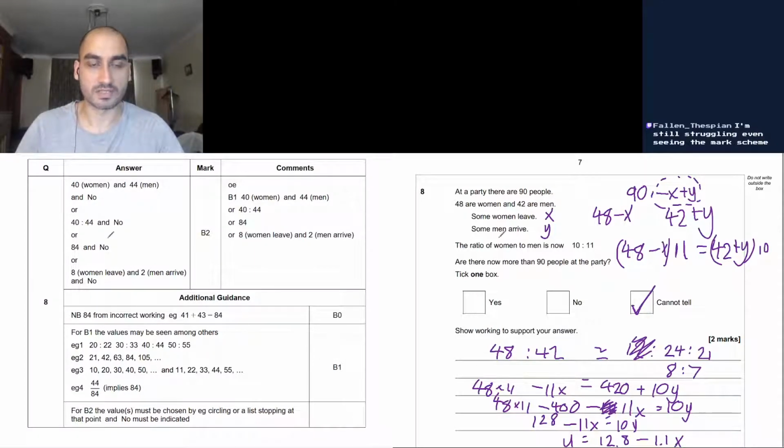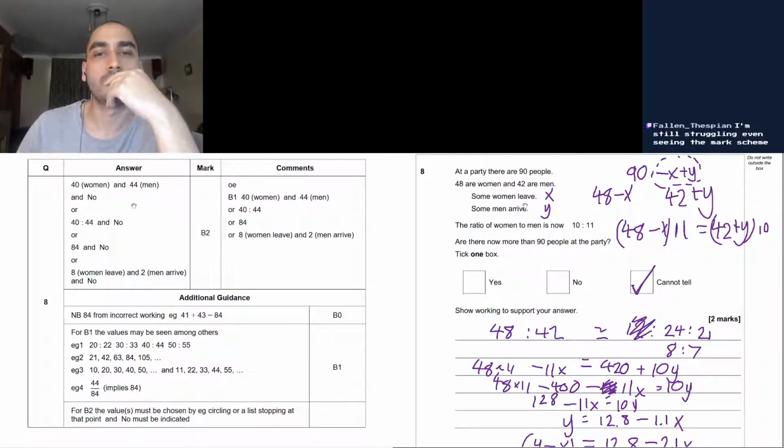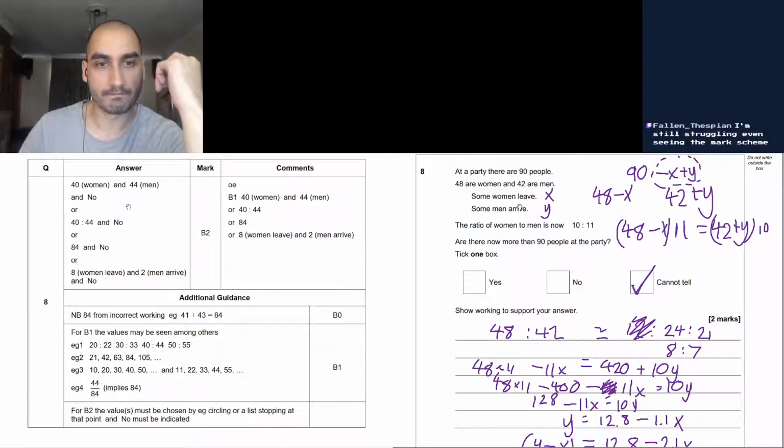Struggling even seeing the mark scheme. This is a very confusing question. So I thought I found examples where the answer is yes and no, so I said can't tell. So they're saying 40 women and 44 men.